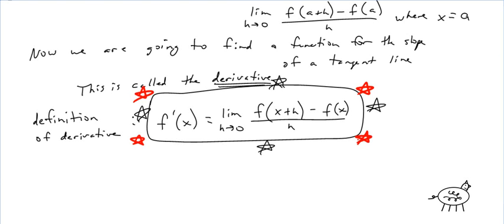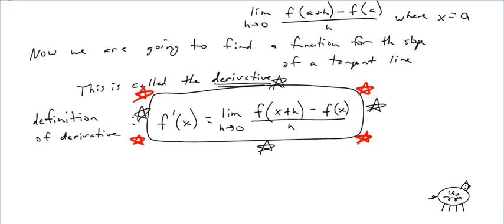But on an AP exam, when they tell you to use the definition of a derivative to find the derivative, you have to use limits. Okay, you've got to use limits. Very, very important, so keep that in mind. It's the same thing as we used before, except now we're using a variable instead of a constant value.